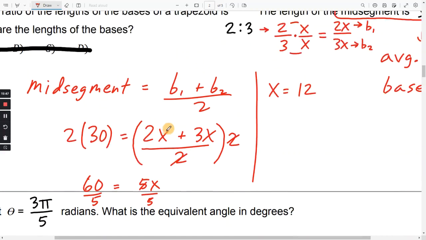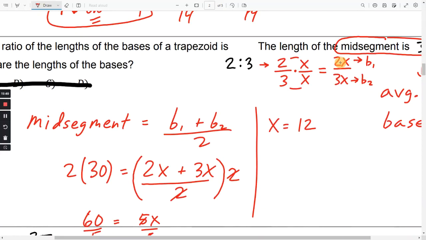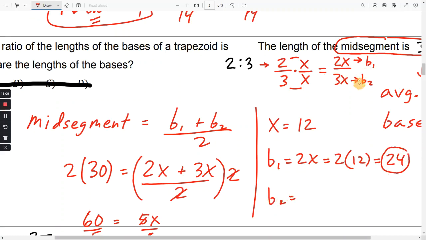Now, we said the base 1 is 2x. So that's going to be 2 times 12, or 24. And we said base 2 is 3x.